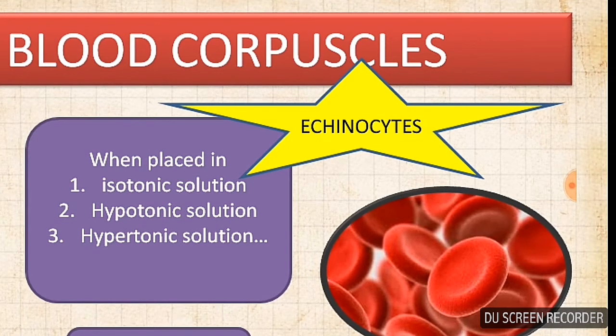So you need not worry about this word echinocyte. An echinocyte is nothing but an RBC placed in a hypertonic solution. It shrinks and develops surface irregularities.